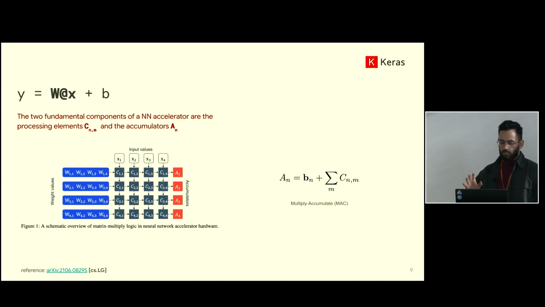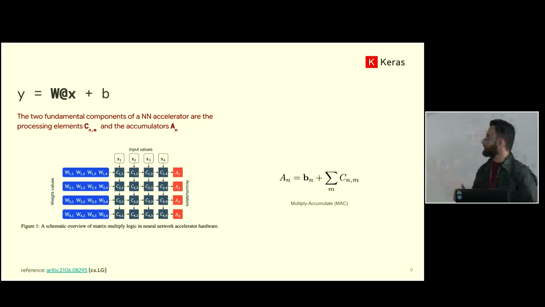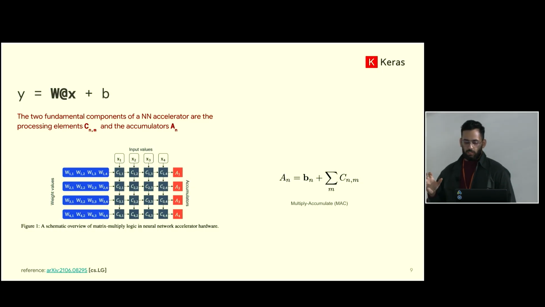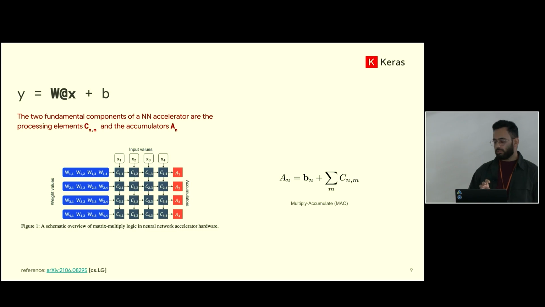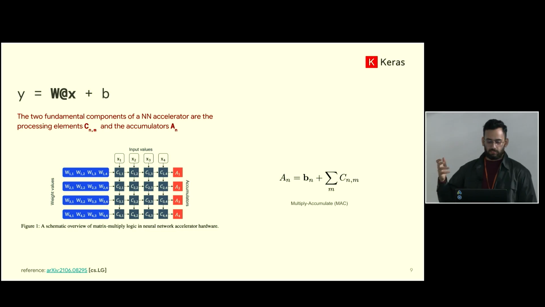So when you start a matrix vector multiply, the first thing that you do is load up the accumulators with the value of the bias that you add to the result. Once the accumulators are loaded up with the bias, you load up the arrays with the values of the weights and the inputs of your matrix W and your vector X, right?